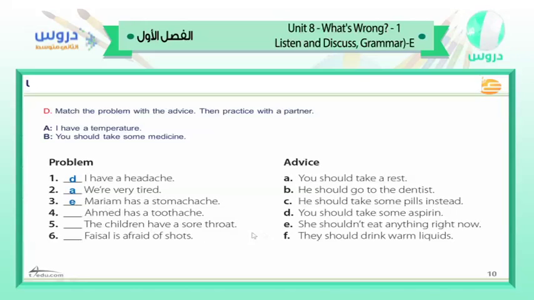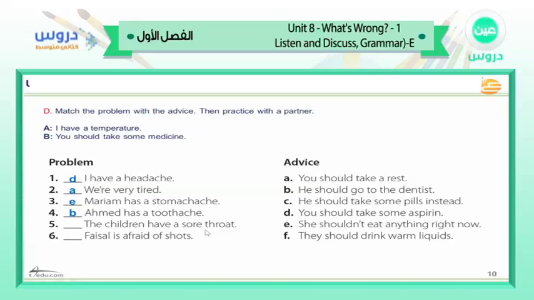Of course, Maryam is a girl, so we have to say she shouldn't eat anything right now because she has a stomachache. Number 4, Ahmed has a toothache. B. Excellent. You should go to the dentist.